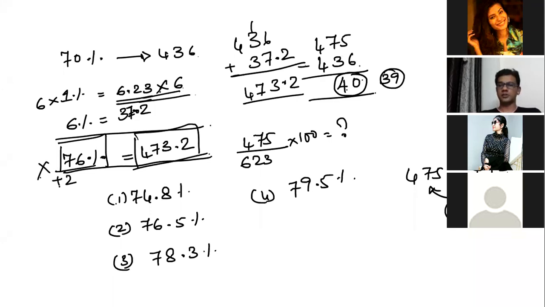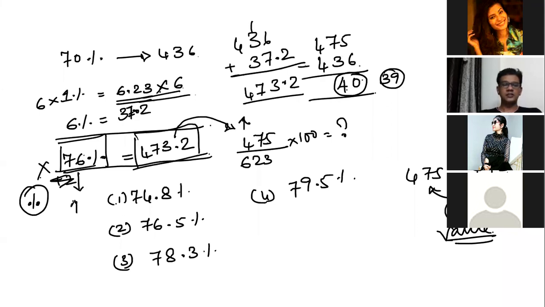No, don't do that mistake, because this is a value, and the left hand side is a percentage. So you cannot do that. What you have to see is you have reached 76% at 473.2. Because you require 475, which is a slight increase, even this will increase slightly.